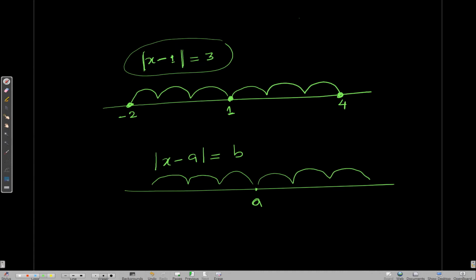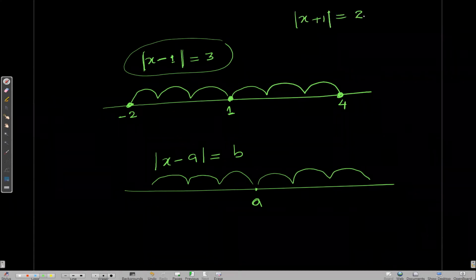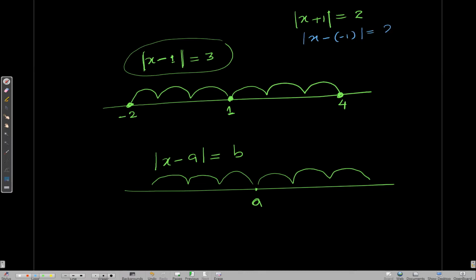Now for example, if you had x plus 1 equals 2, now what? In this case you have to be careful, you have to rearrange this into x minus negative 1, right? So the pivoting point is negative 1 now, and 2 places away from negative 1, so 0, 1. 1 is one solution, and 2 places to the left, negative 2, negative 3.